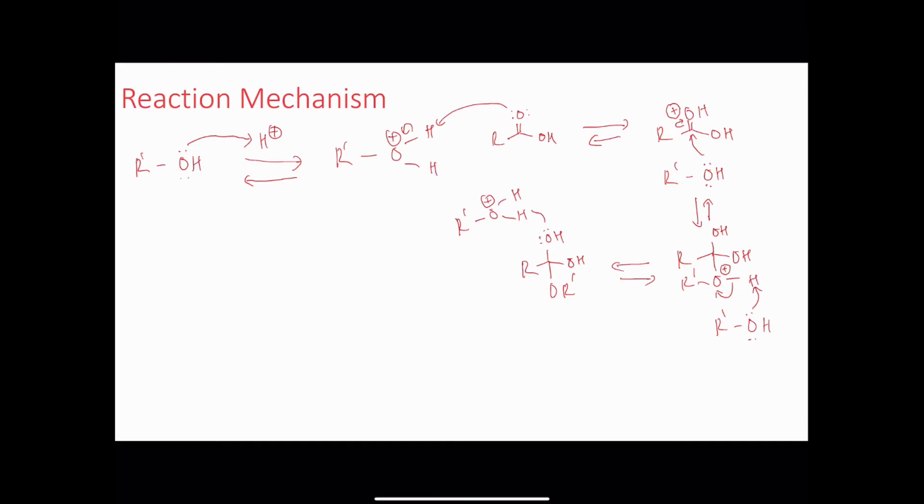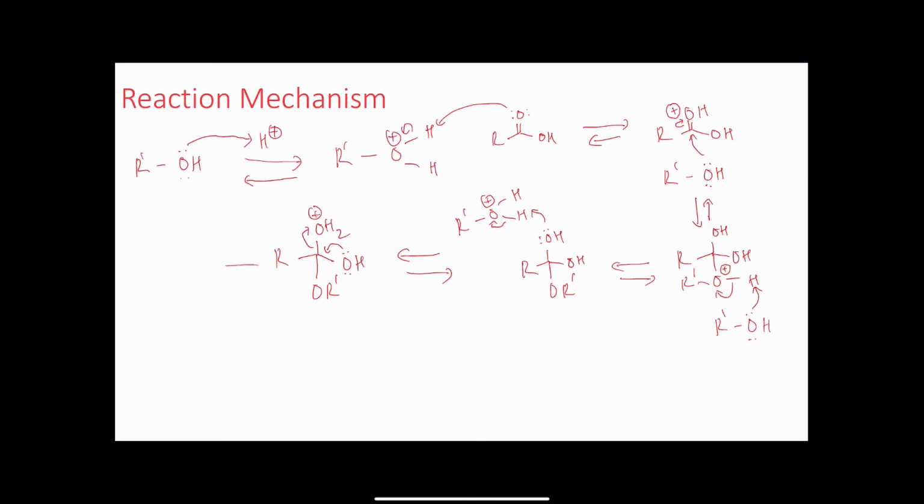We take the lone pair of the oxygen, attack the hydrogen, and eventually we have a new intermediate with a positive charge on oxygen. In the other OH group, we have two lone pairs on the oxygen. So one lone pair will move back here to form the double bond and kicks off the water.